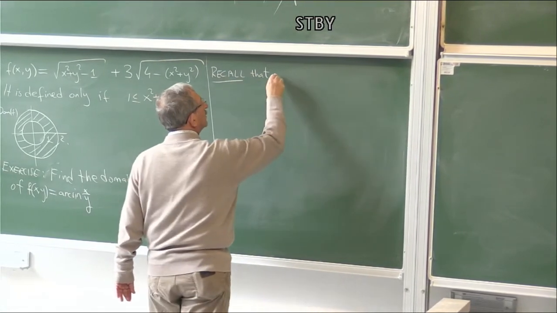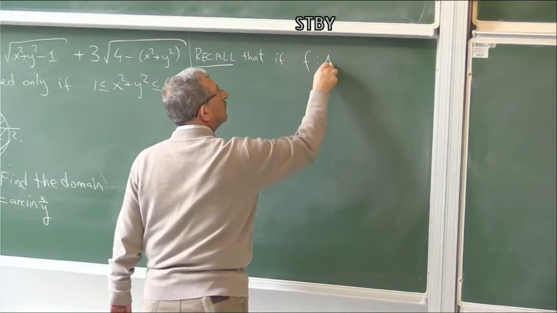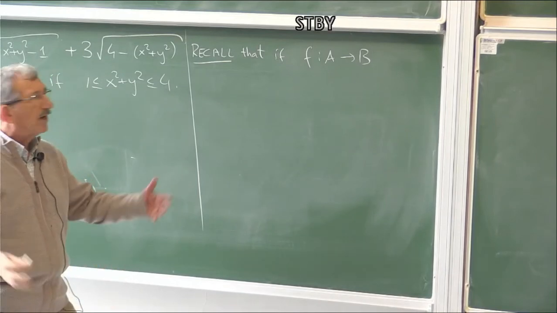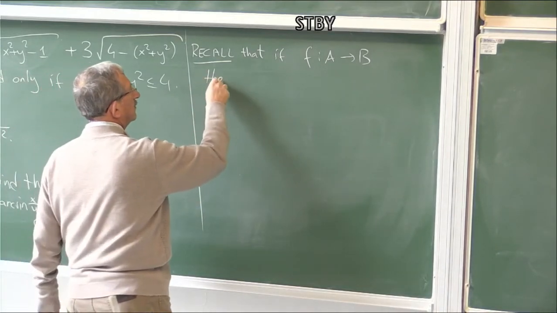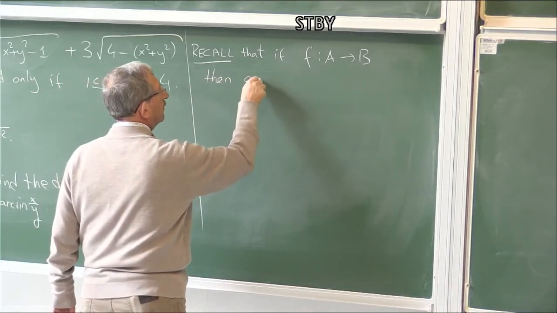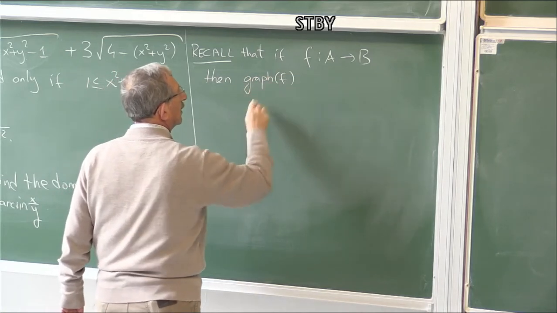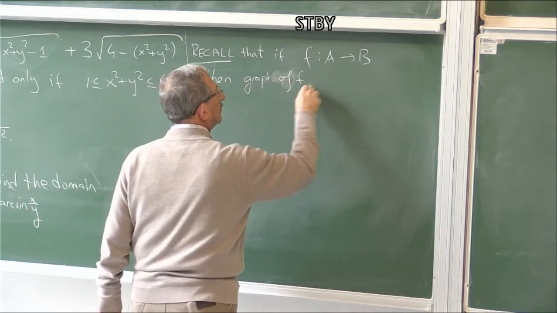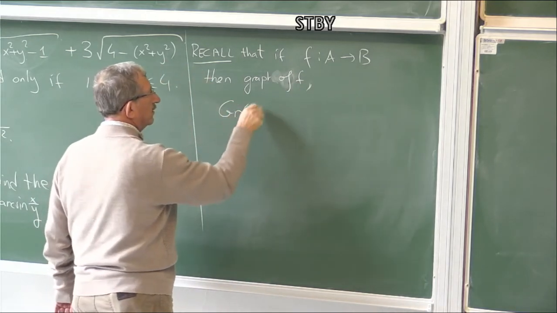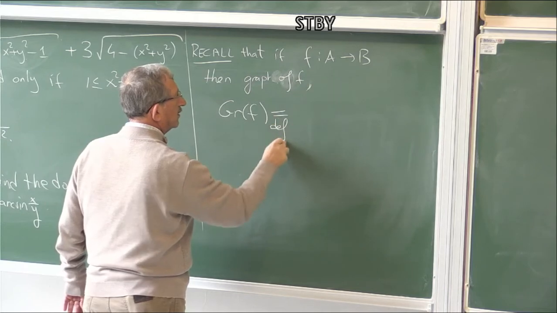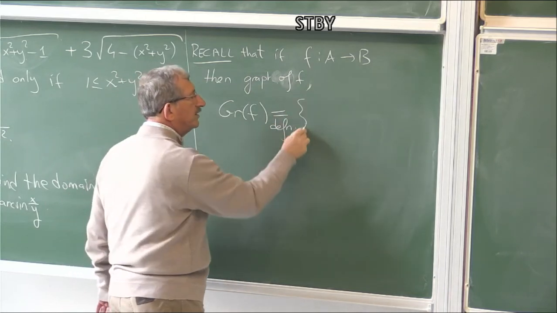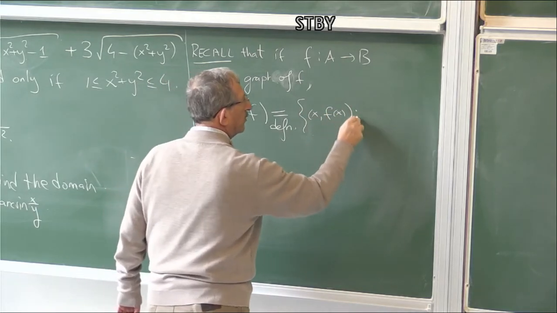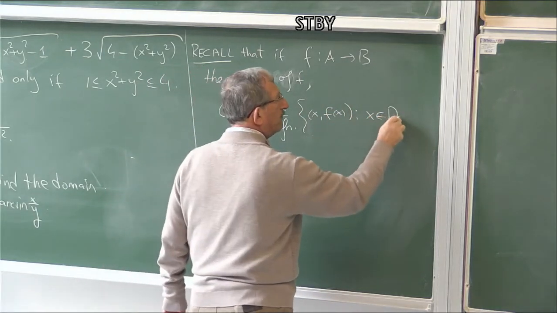Recall that if f is a function from A to B, which need not be number sets but can be anything, then the graph of f is defined to be the set of (x, f(x)) where x is in the domain of f.